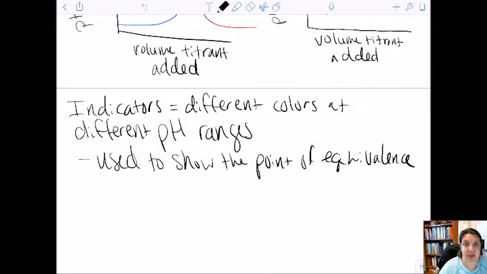So we'll be looking at indicators as well. There's a bunch of different kinds based on where your equivalence point is. So picking a good pH indicator will be able to give you a visual means of watching the reaction.